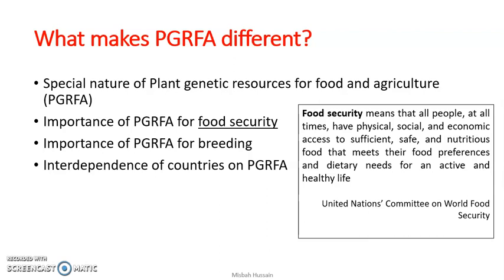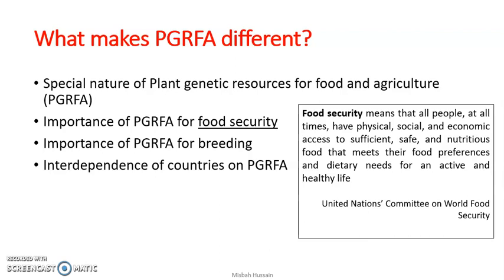So first of all, the nature of plant genetic resources for food and agriculture is special because they are mainly important for food. Secondly, they are important for food security.